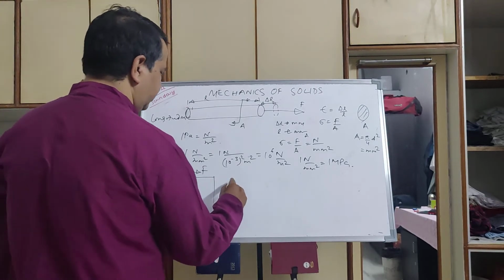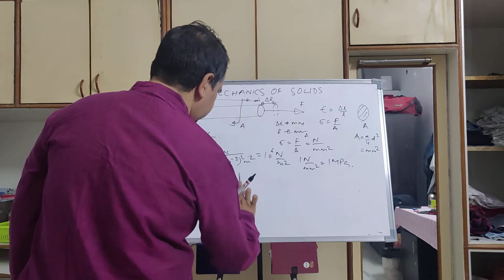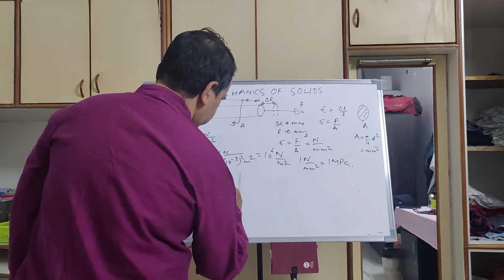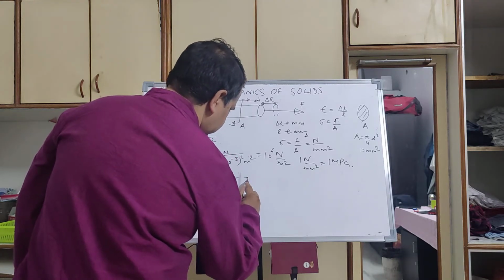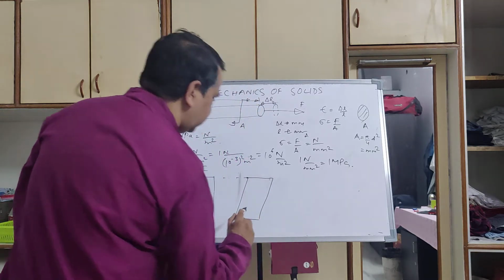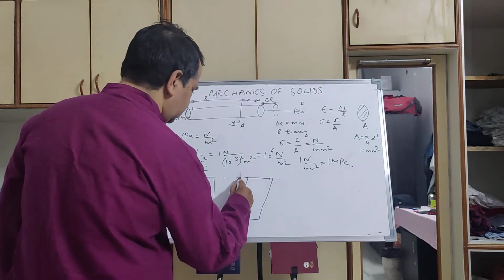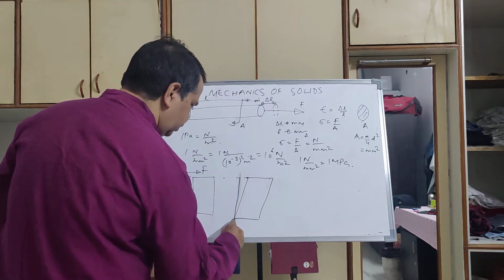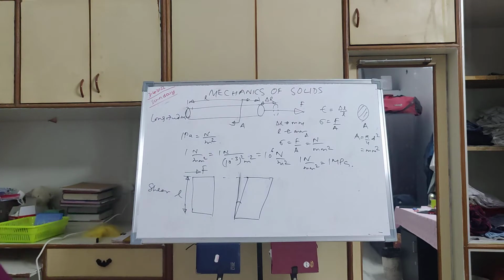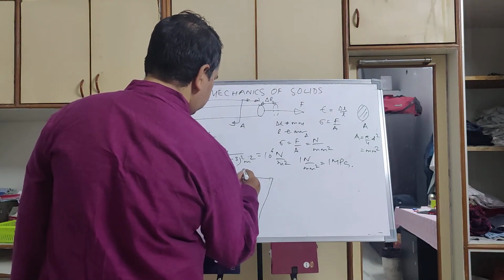The book will take a shape like this, making an angle with the original vertical line. Let me say that this is delta L.